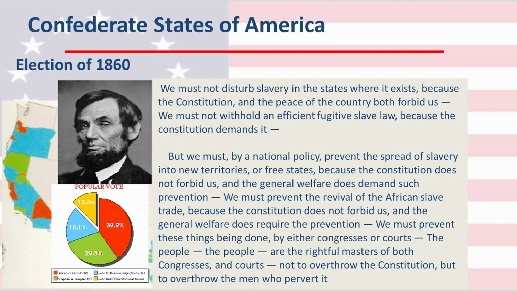We must prevent these things being done by either Congress or the courts. The people are the rightful masters of both Congress and the courts, not to overthrow the Constitution, but to overthrow the men who pervert it.